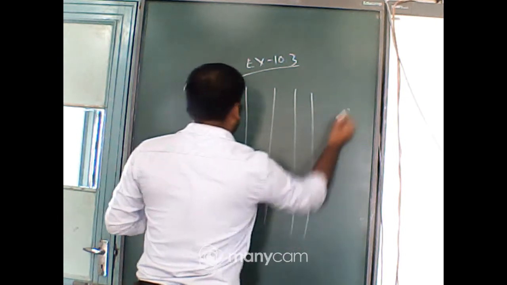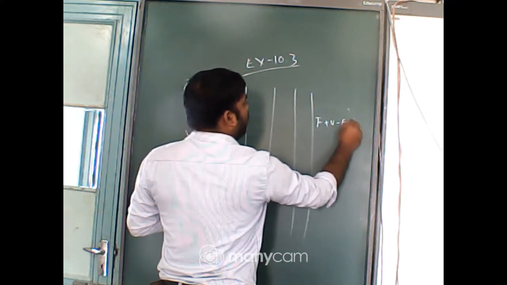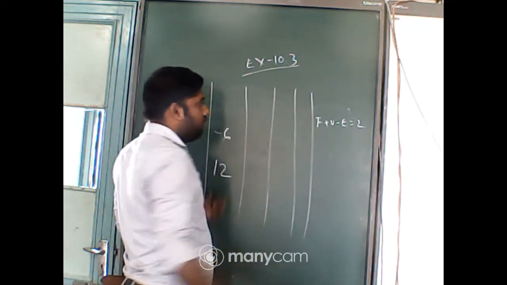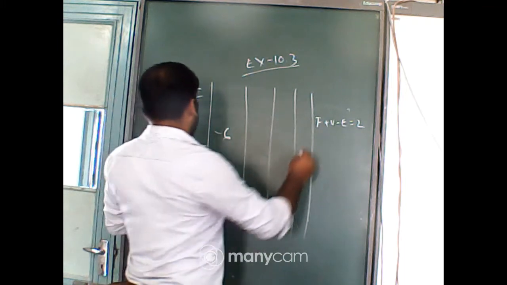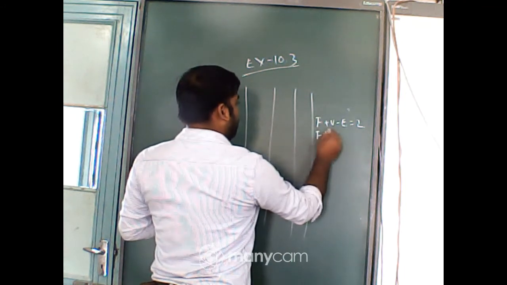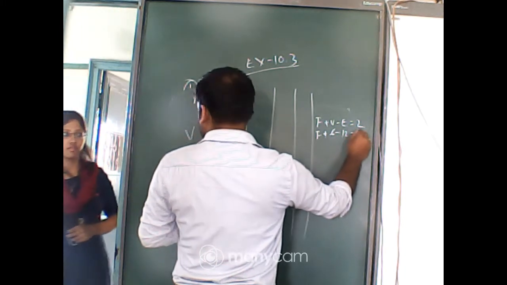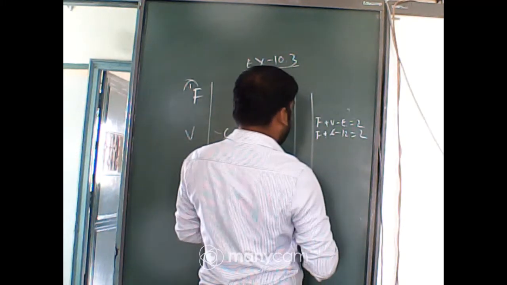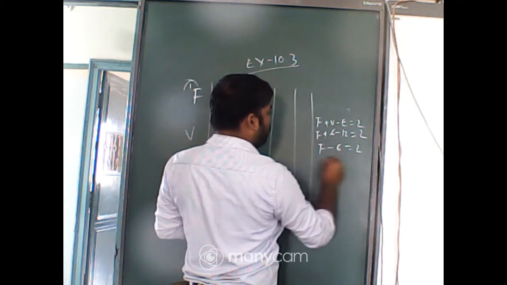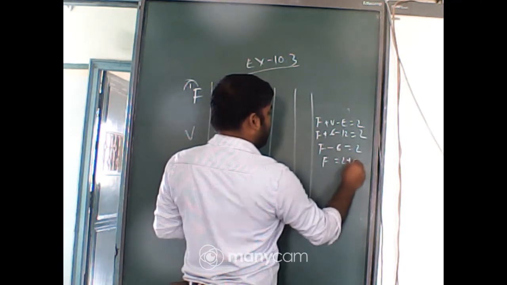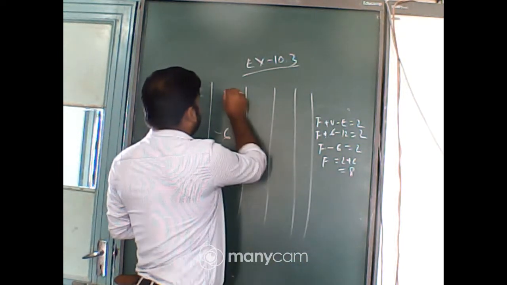So you know that F plus V minus E equal to 2. Just put down the values: F plus 6 minus 12 equal to 2. So F minus 6 equal to 2, so F equal to 2 plus 6, that is 8. So the value of faces is 8.